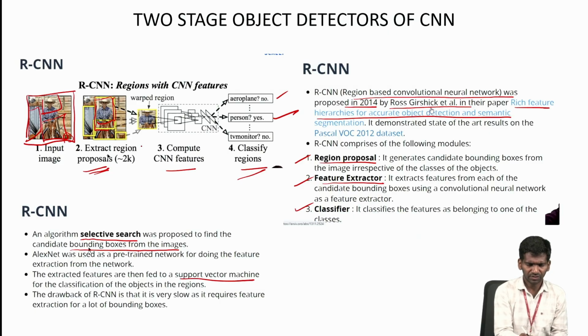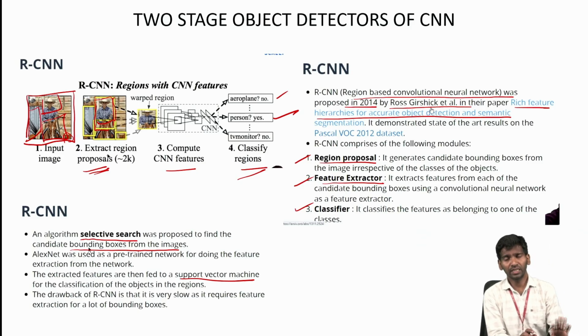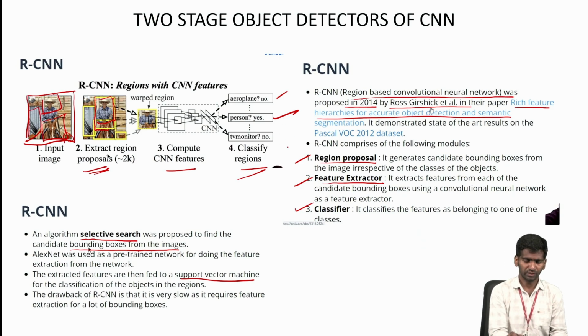Internally, these steps are also added. So you understood this concept, right? These extracted features are passed to SVM for the classification of the object. So SVM does this classification.